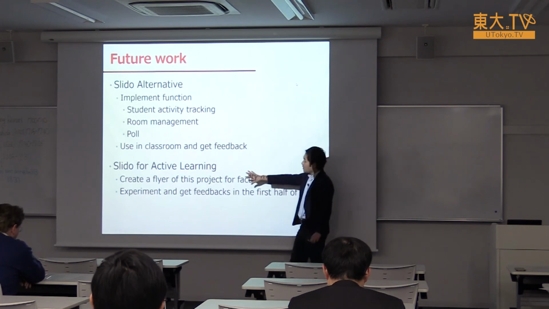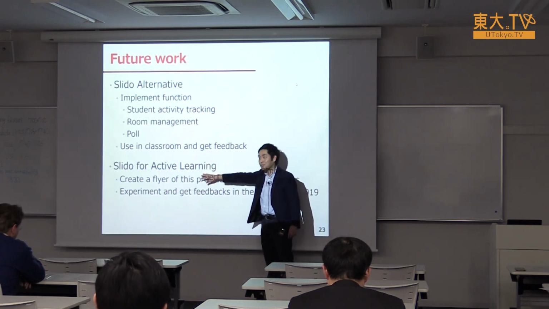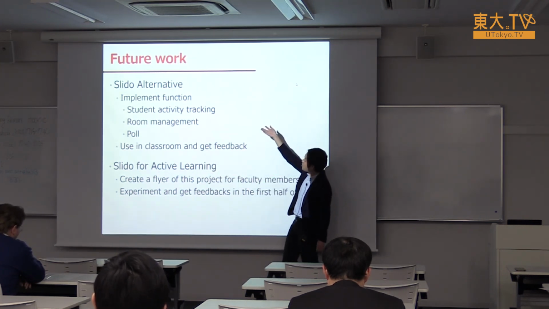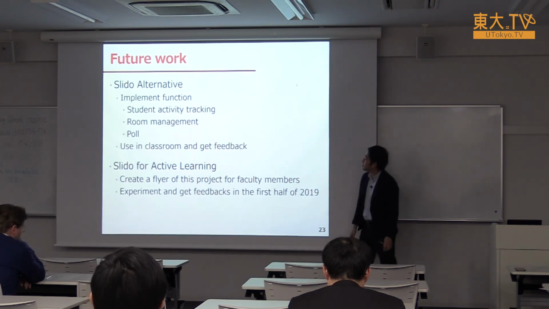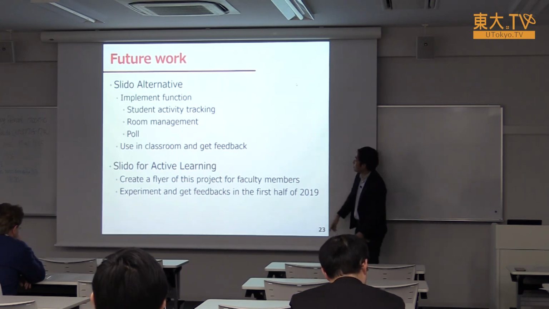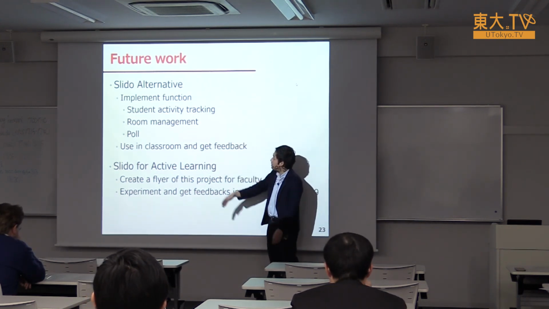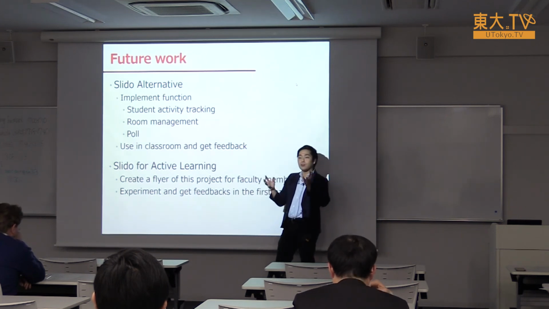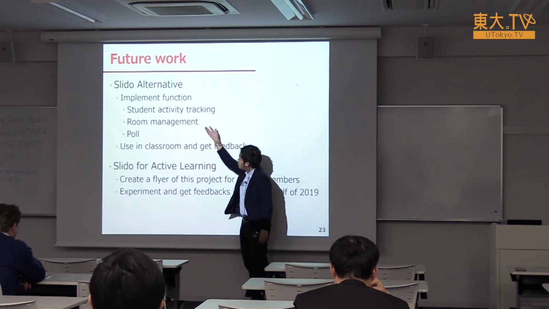This is the future work for Slido for Active Learning. The future work for the Slido alternative is implementing functions such as student activity tracking. For now, we do not have any room management function, so we would like to implement that.